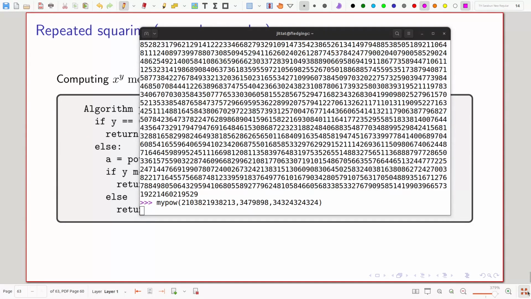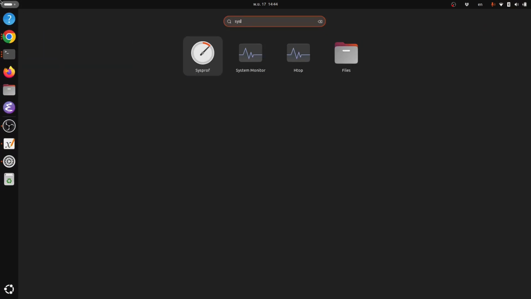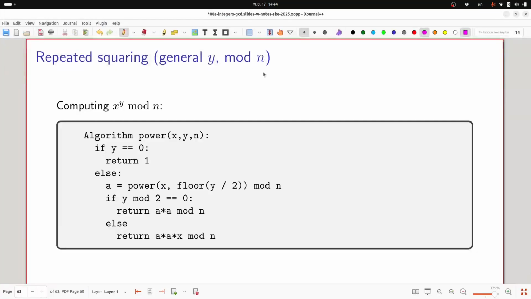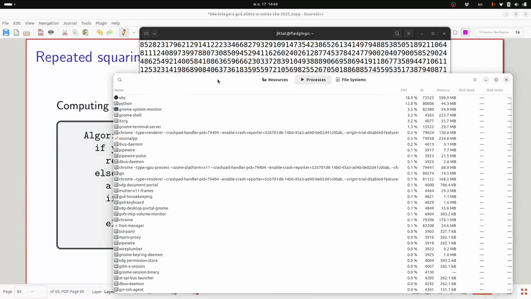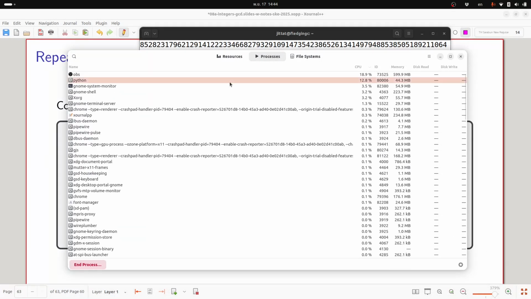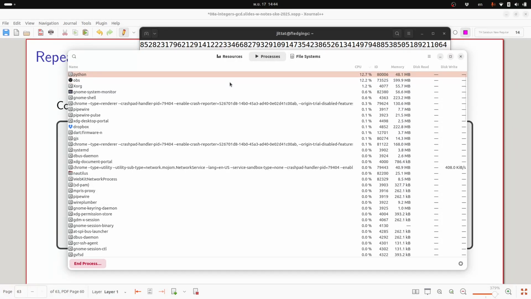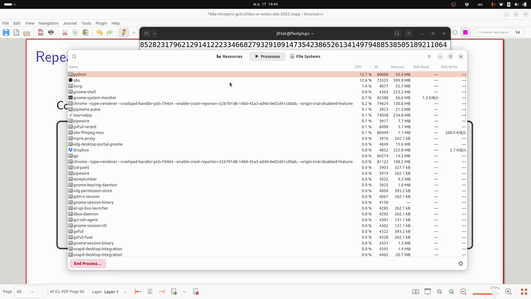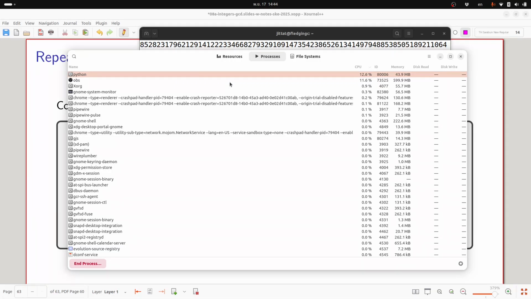It might crash my machine. It's really slow. It keeps taking my memory, or maybe it crashes.